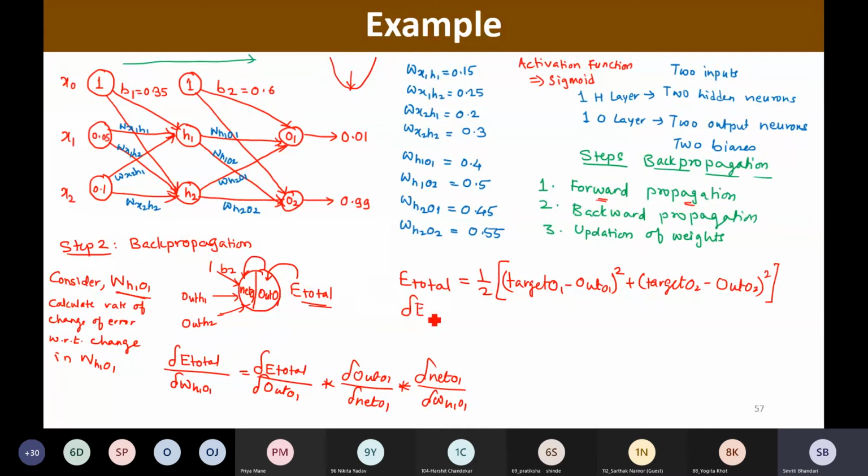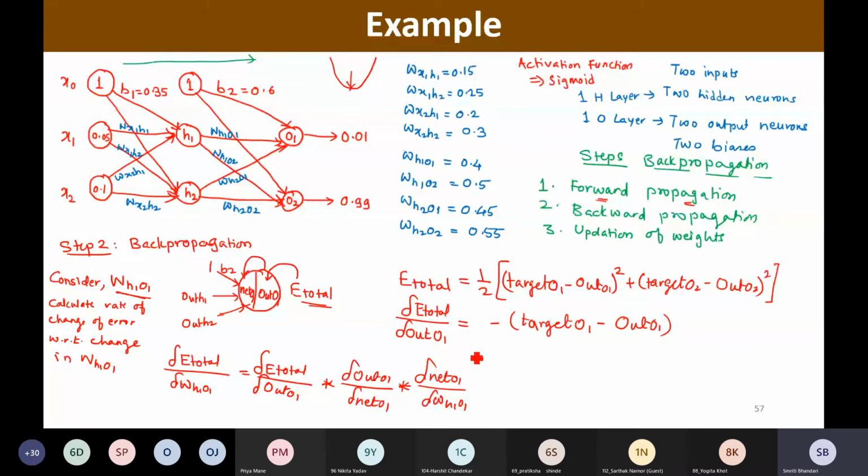So computing the derivative with respect to out O1, the derivative is minus (target O1 minus out O1). This is the derivative of this expression with respect to out O1.